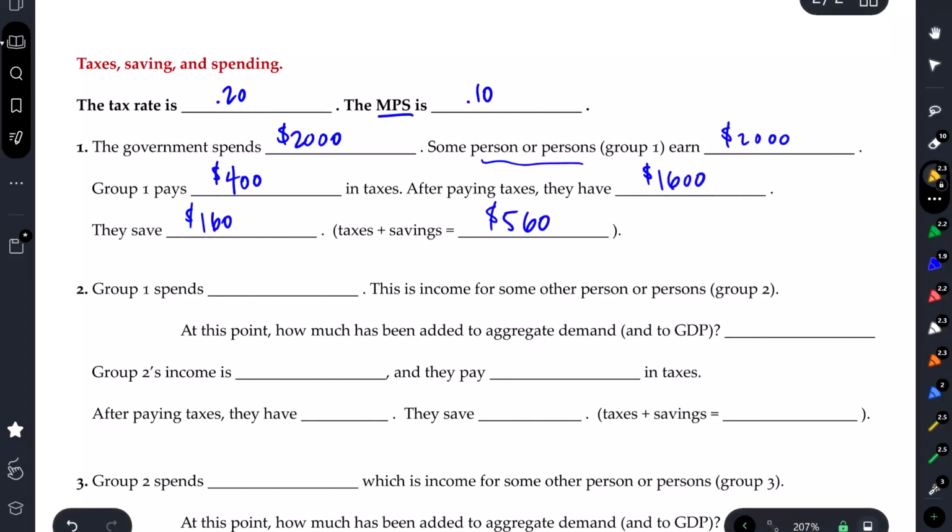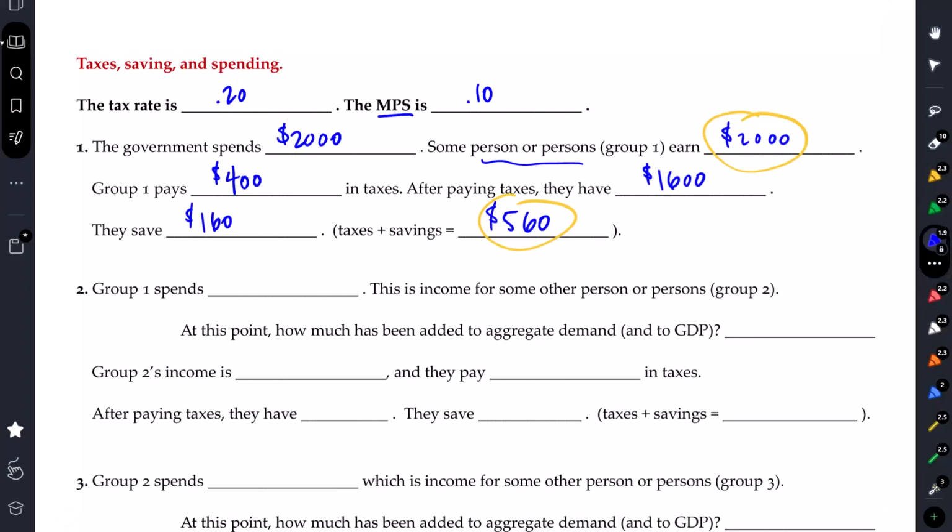So of this, let's see, group one, they earn $2,000, but $560 is going to be put away, either paid in taxes or put in a bank somewhere. So they're going to spend everything else, but in this case, everything else is going to be 2,000 minus 560, so 1,440.